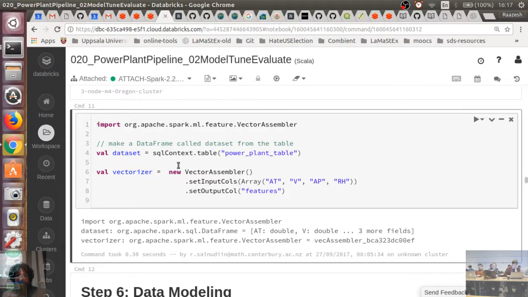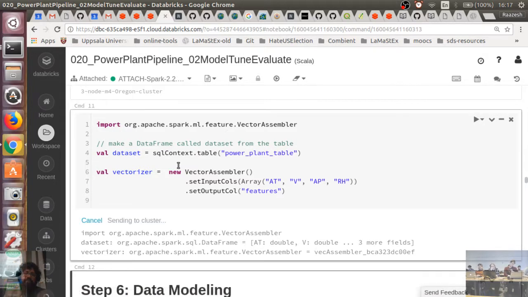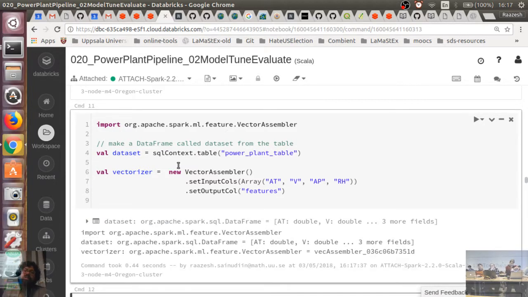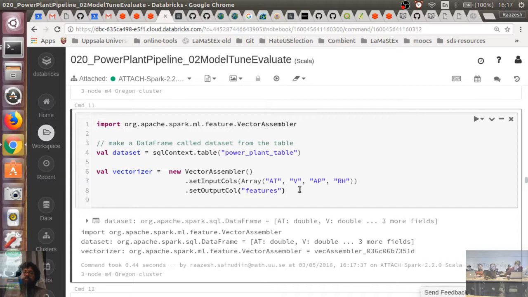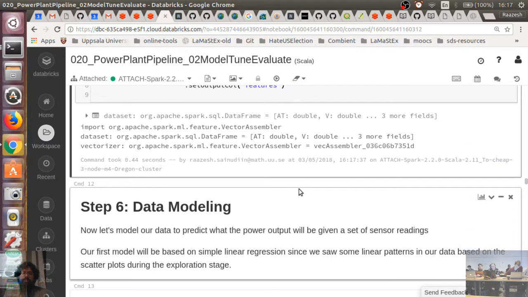We already have this, but let's just do this anyway. Now you see I'm bringing in my vector assembler, and this vector assembler has input columns AT, V, AP, and RH, my features, and then it sets my output column to be features. So this is going to create the nice vector of features I need as a new column in the data frame. That's what the vector assembler is made to do.